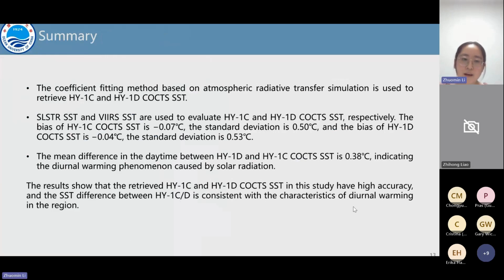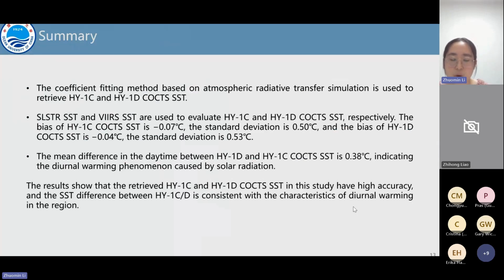And in summary, the coefficient fitting method based on atmospheric radiative transfer simulation is used to retrieve HY-1C and HY-1D COCTS SST. And then SLSTR and VIIRS SST are used to evaluate HY-1C and HY-1D COCTS SST respectively.